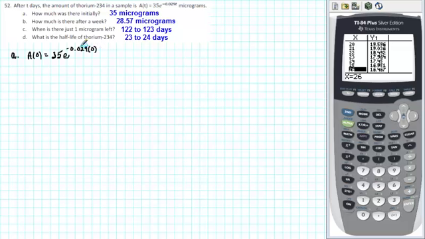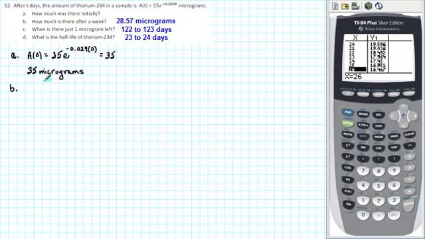Well, 0 times any number is 0, and a non-zero number raised to the 0 power is 1, and 1 times 35 is 35. So the initial amount is 35. So our answer to part A is 35 micrograms.